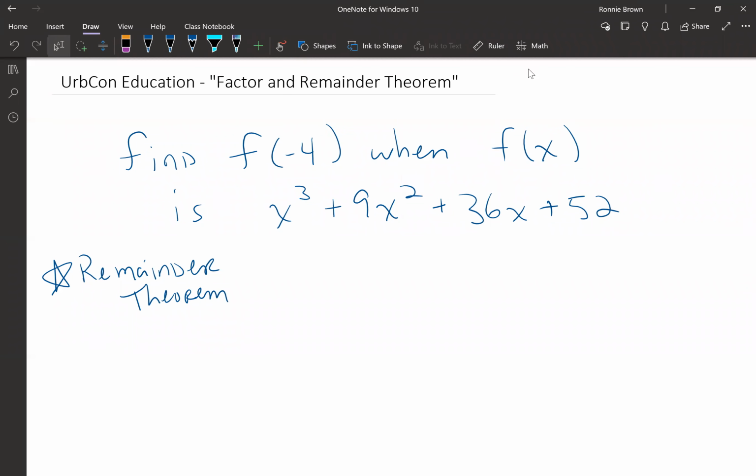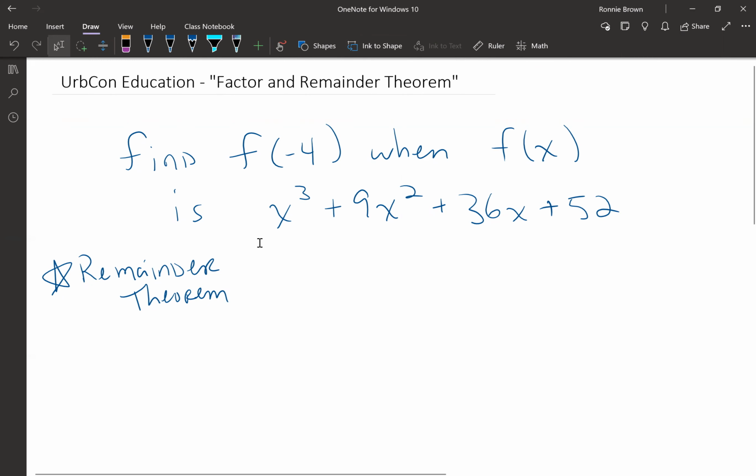In this video, we're going to discuss examples using the factor theorem as well as the remainder theorem. So let's take a look at this first example. We're asked to find f of -4 when f of x is x to the third plus 9x squared plus 36x plus 52.